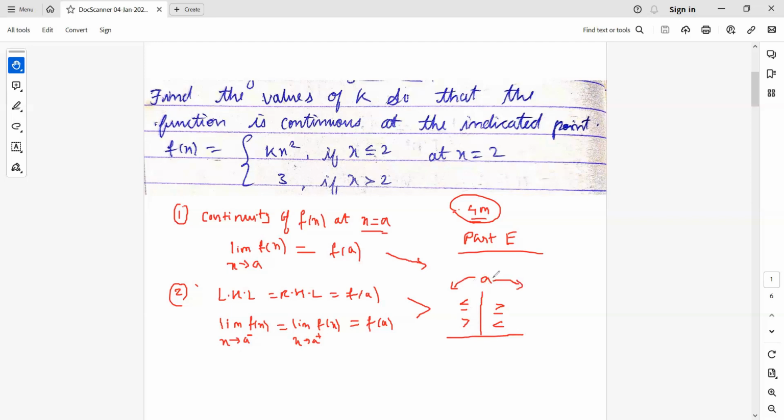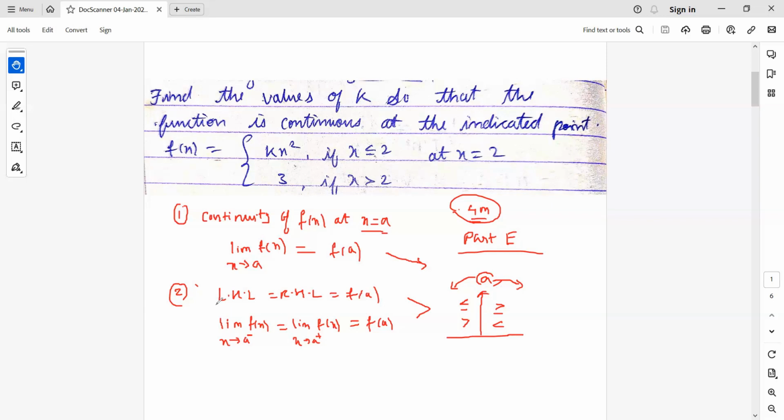When such a question is asked, that is the value of the function at a point is given, the value of the function at the points less than a is given, and then the value of the function at the points greater than a is given. When such kind of inequalities occur in the question, we make use of the second definition.